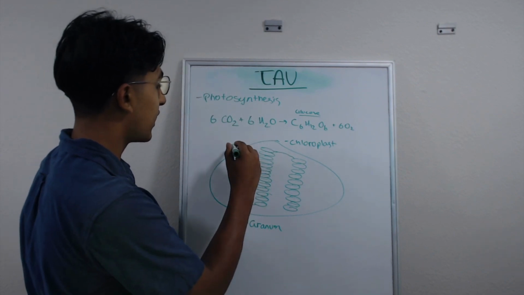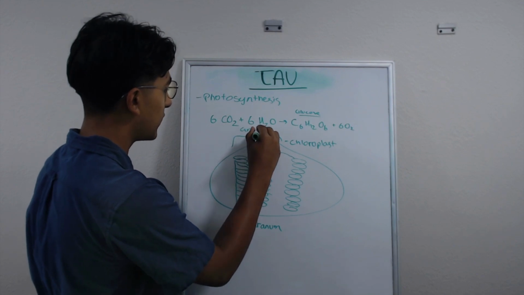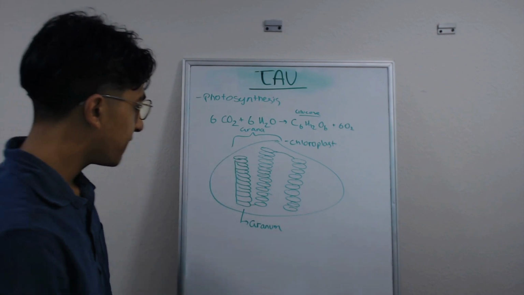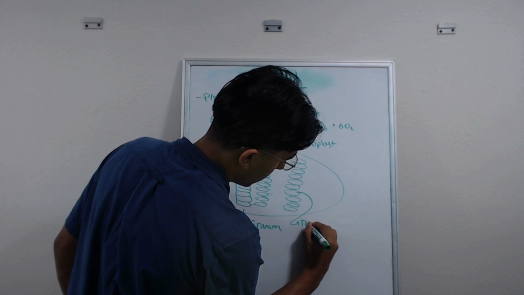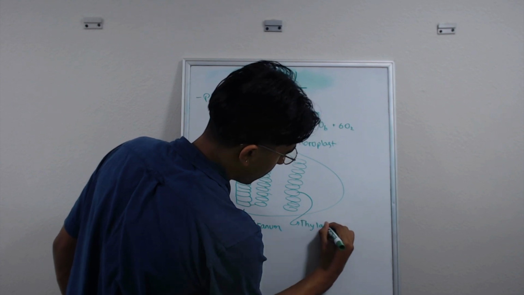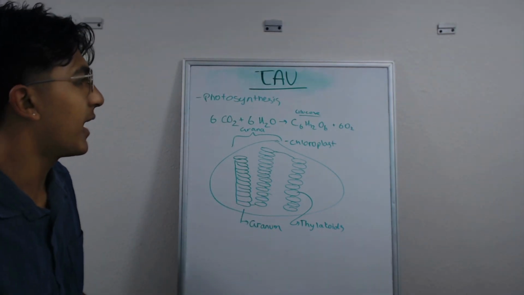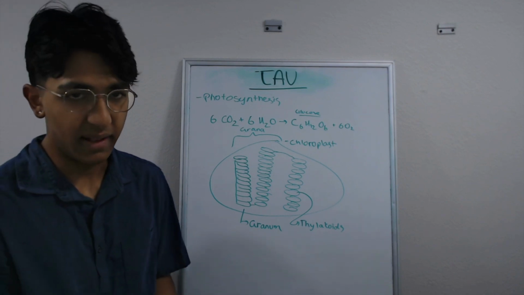And if you're looking at the plural form, so multiple of these, it's called grana. Each of the pancakes within the granum are called thylakoids. So just a bunch of vocab words to help you understand how the process is taking place.